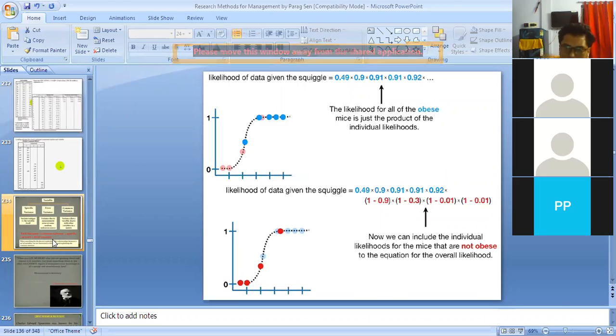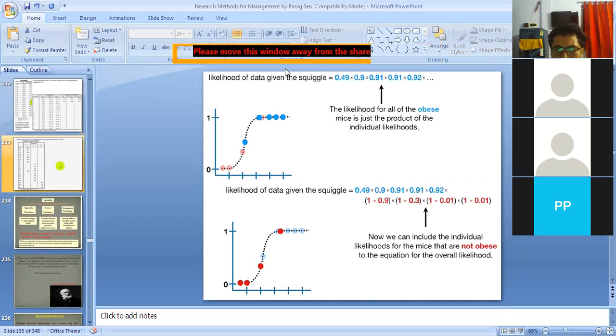I will start exploratory factor analysis in the next class. Then I will discuss confirmatory factor analysis when we discuss structural equation modeling, and during that time I will also discuss the PC or principal component analysis.